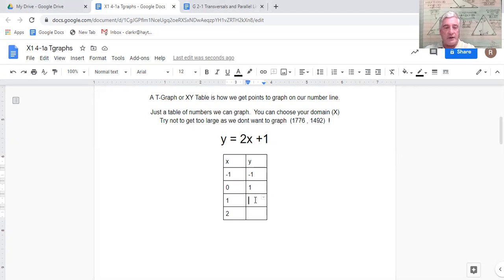I think this should be 3, but let's check it. 1 times 2 plus 1 is 3. And I think this one would be 5, but let's check it. 2 times 2 plus 1 is 5. Now, we have these points. We'll talk about making sure you know how to graph those later, but believe me, they will all show up in a line.